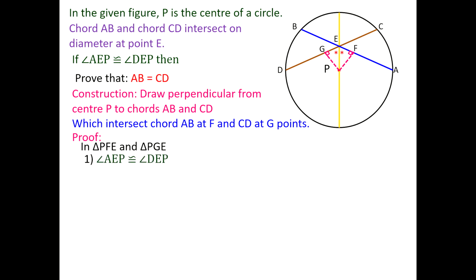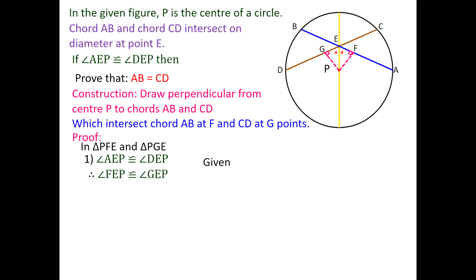In that we have first point as angle AEP congruent to angle DEP, which is given to us. But AEP is not a part of a triangle what we have taken. Similarly, DEP is also not a part of the triangle. So to make it a part of a triangle, we will write same angle with FEP, angle FEP congruent to angle GEP.